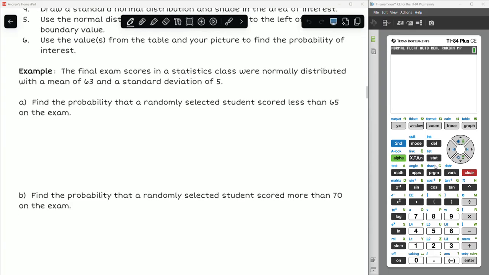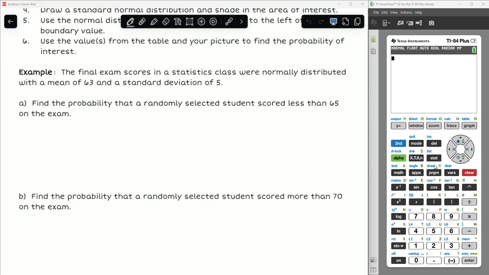Our example says the final exam scores in a statistics class were normally distributed with a mean of 63 and a standard deviation of 5. Find the probability that a randomly selected student scored less than 65 on the exam.